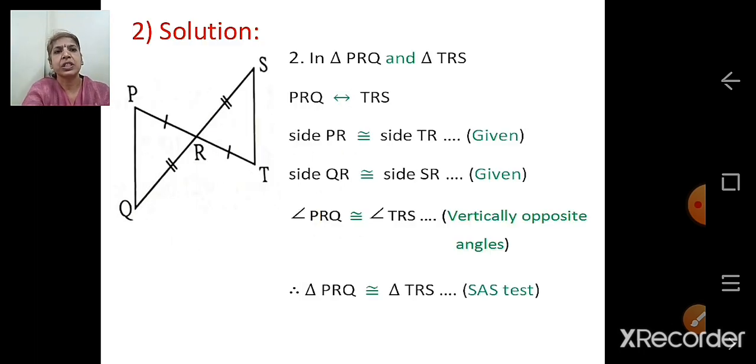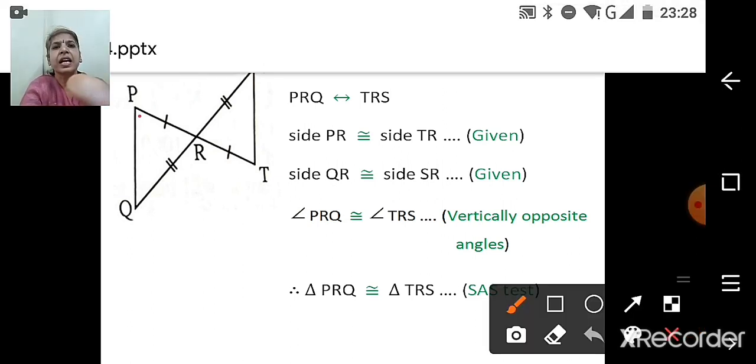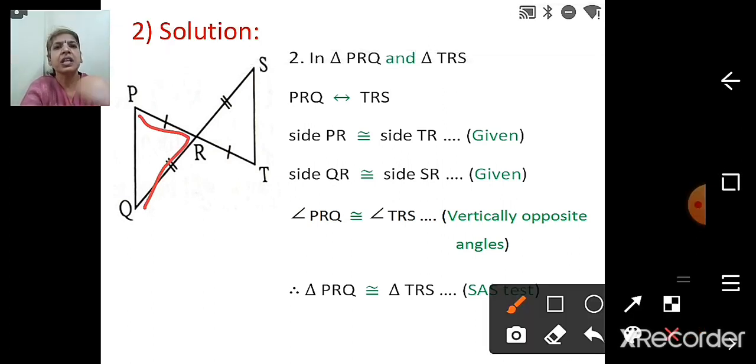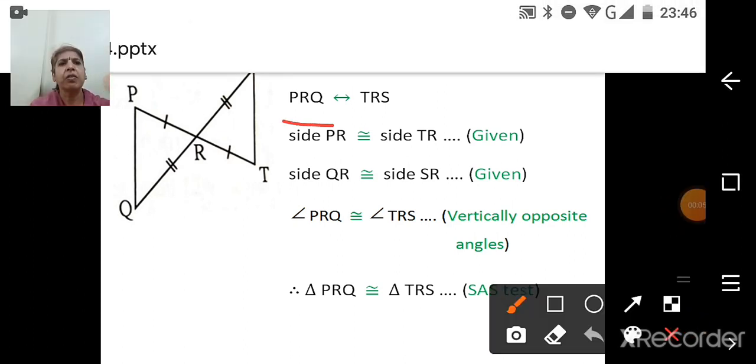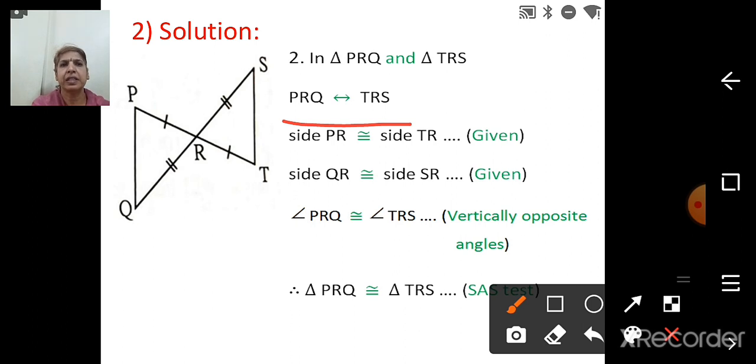So let's continue. Solution. Which are the triangles? In triangle PRQ and triangle TRS. Now correspondence. The correspondence is PRQ corresponds to TRS.